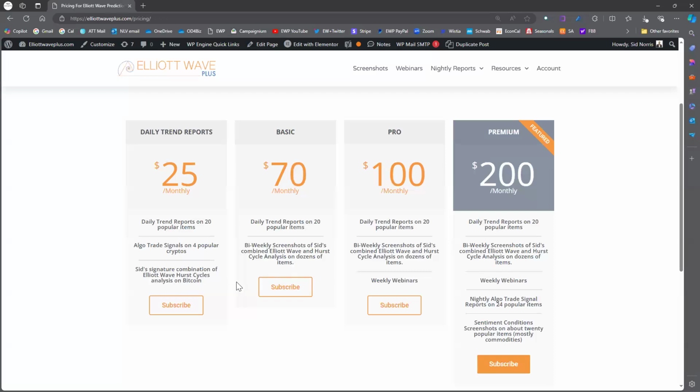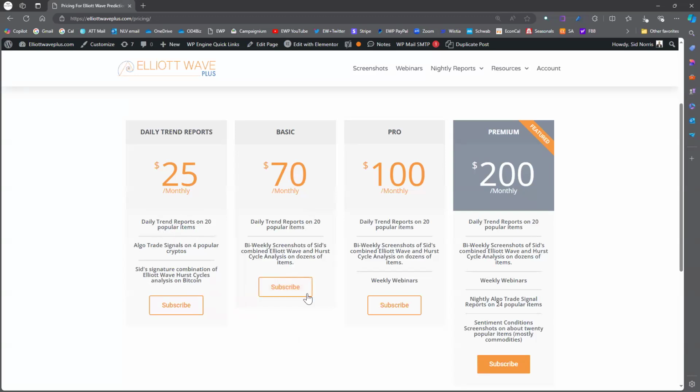And we also show my combined Elliott wave and cycle analysis roadmaps, wave counts on Bitcoin, both on a weekly and a daily chart. So that's 25 a month. And I will say that many subscribers find these daily trend reports actually tradable. And we'll show you that here in a second, even though there's no Elliott wave counts on it.